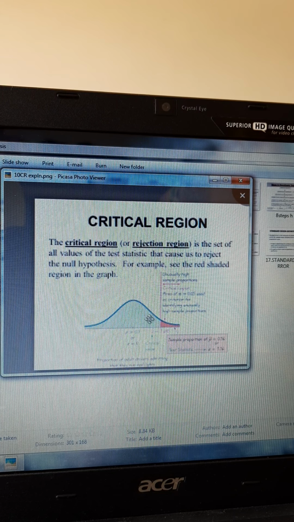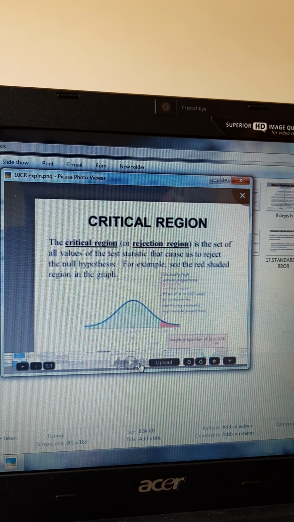In this region you are going to reject. So what does this mean? Is it a one-tailed or a two-tailed test? It is a one-tailed test. For example, see the red region, it is a one-tailed test. If you just draw diagrams and explain, it will be so much easier. So remember all these diagrams.